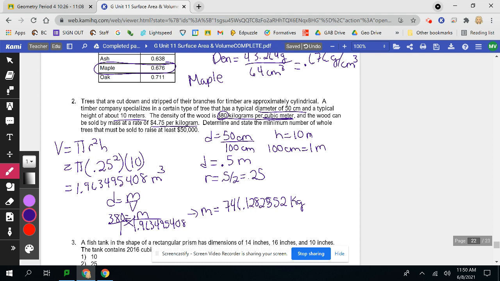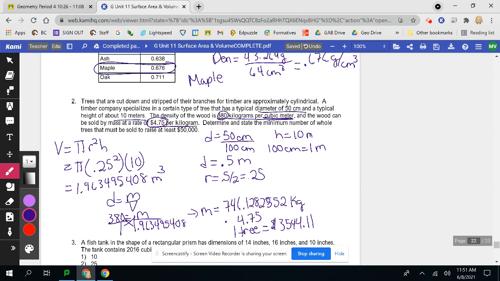Now that we know our mass, we know that I can sell it for $4.75 per kilogram. So I'm going to multiply that by 4.75. So one tree earns $3,544.11. Because when I multiply the mass of one tree by 4.75 per kilogram, I get 3,544.11.